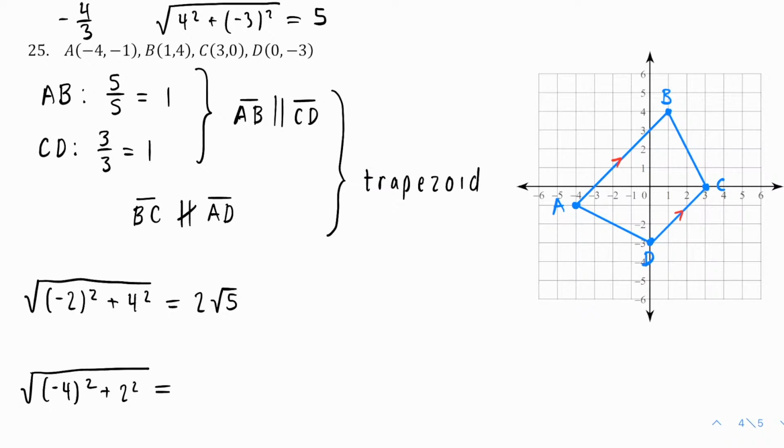Put that in my calculator. And again, 2 square root of 5. So these two sides are congruent. That means this is an isosceles trapezoid. And we are done.